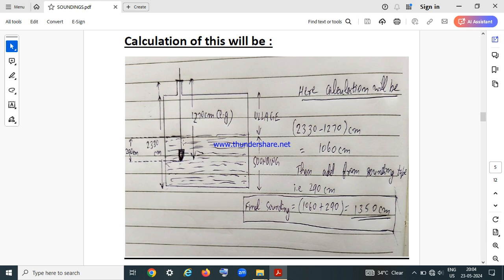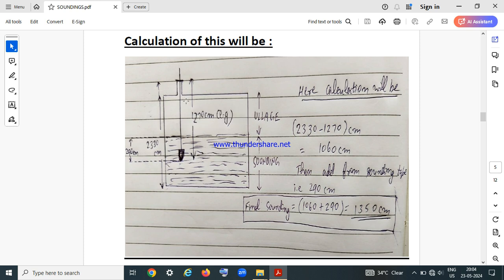Next time you will drop like 2000 or 1800 centimeter, or 1270 centimeter, because this way you will save some time, and you will also get to know whether the previous one and this one are matching. One or 2 centimeters or 3 or 4 centimeters can be different, because the vessel is always moving, so a little rolling may be there, so it is not always in a stable condition. So by that method also you can do.